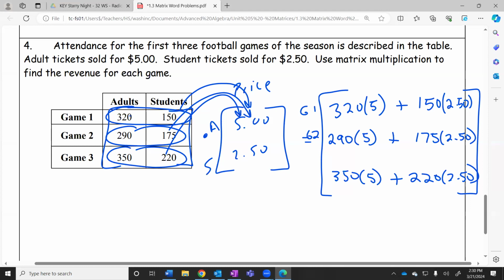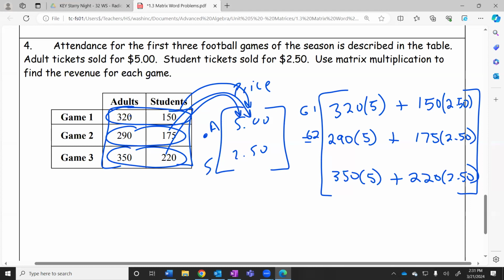So we only had the price for one season. What if we had the same amount of people come to the same number of games, game 1, game 2, game 3, we sold the same amount of tickets, but maybe the price for 2024 is going to change? Could we also calculate how much money we're going to collect from ticket sales in 2024?